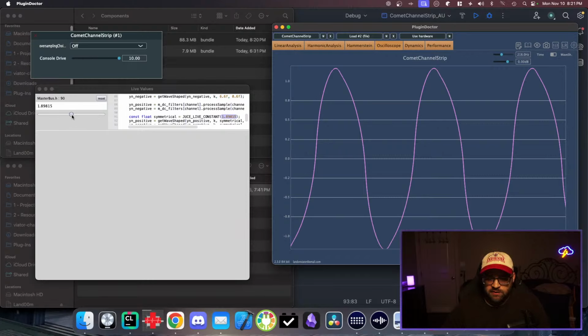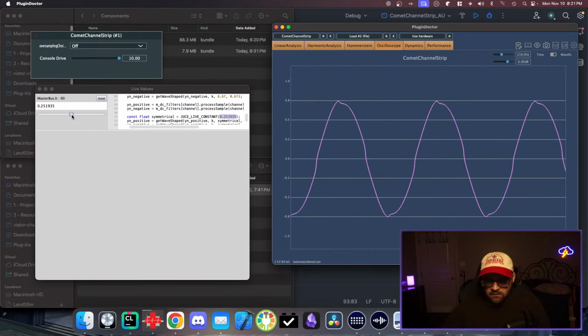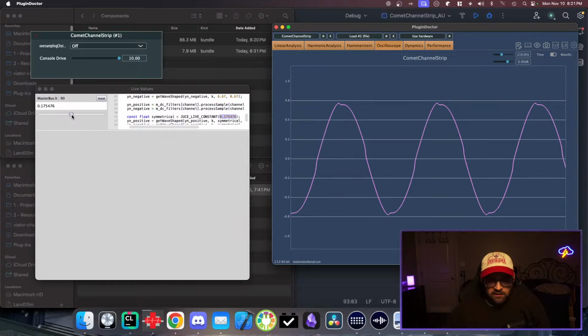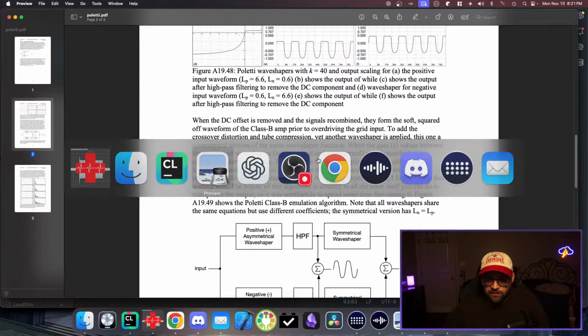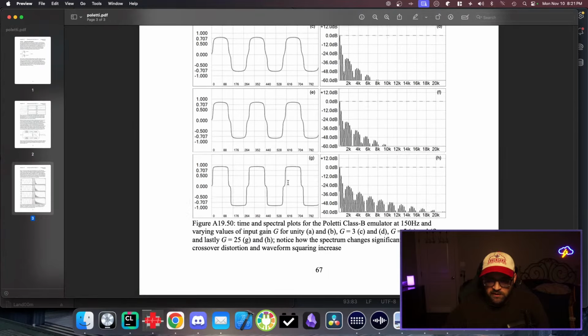So let's see what happens when we change these. That doesn't really make a difference. Actually, if anything, I think with a lower value we get more of that little fold in the middle that we see in the paper, because it suggests that it should look more like this.